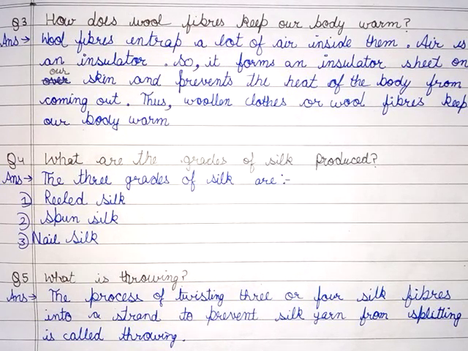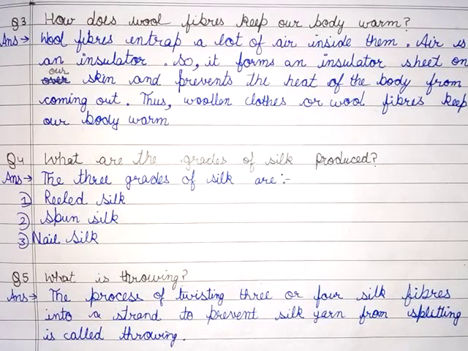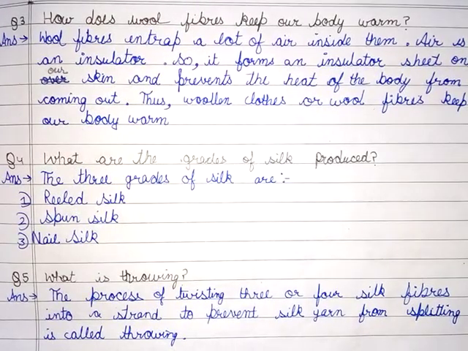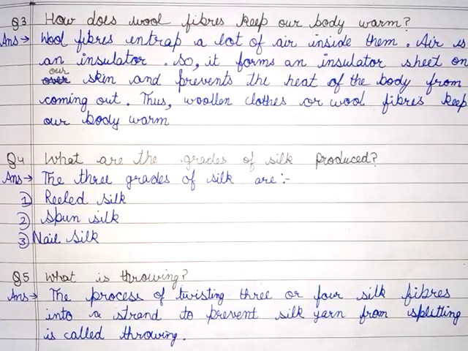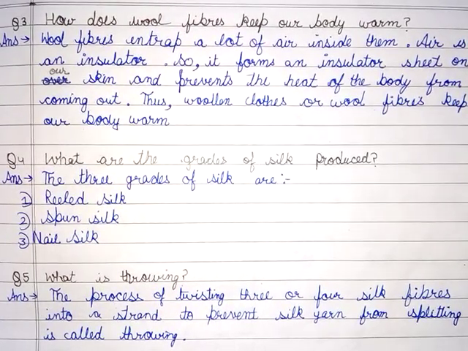Question number 4. What are the grades of silk produced? The 3 grades of silk are reed silk, spun silk and nail silk. Question number 5. What is throwing? Answer.